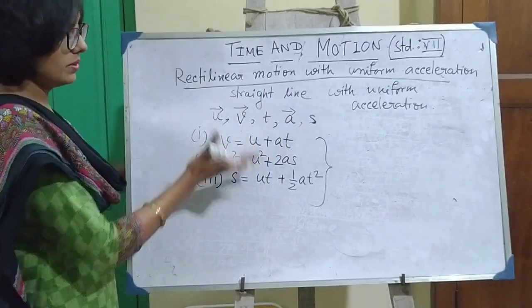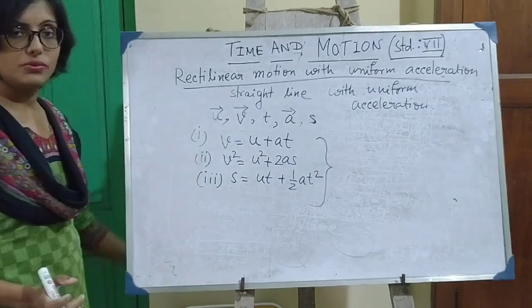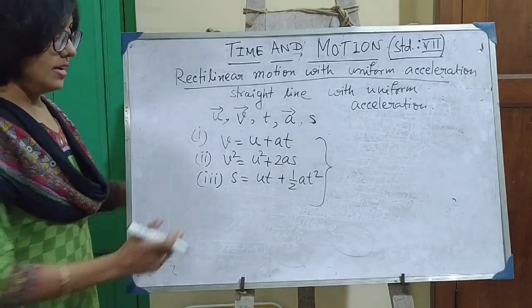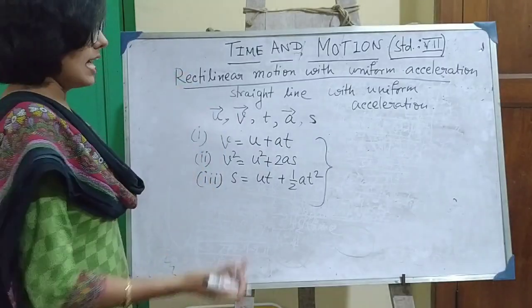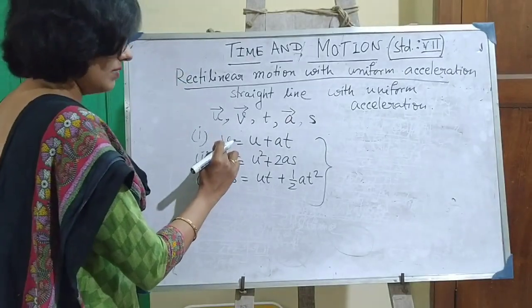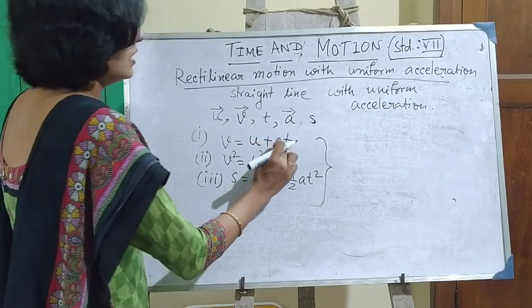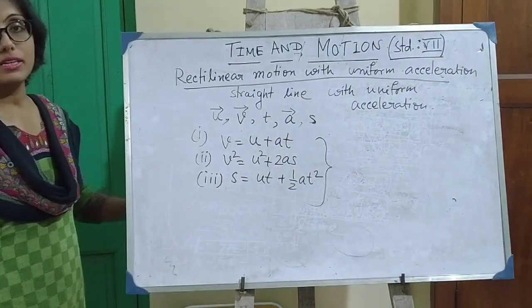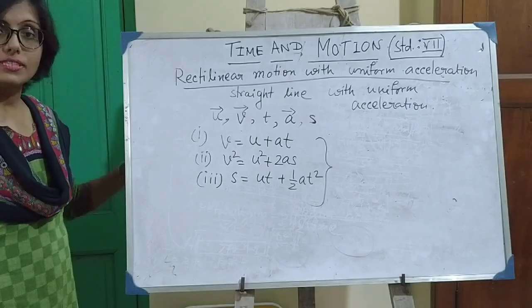If you notice these three equations, you can see they represent the relation among the final velocity, initial velocity, uniform acceleration, time, and the distance traversed by the body during the finite time t.